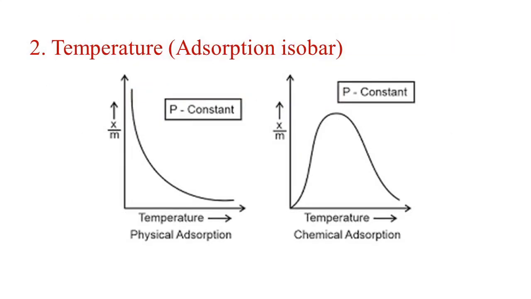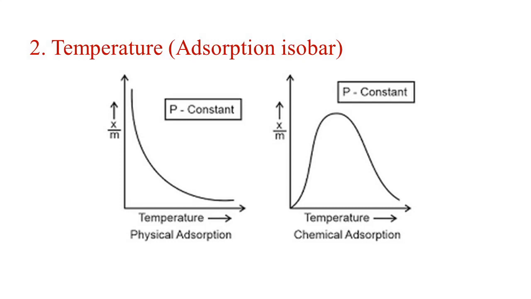The second factor influencing the extent of adsorption is temperature. Now, what is the effect of temperature? The first figure represents physical adsorption. In the case of physical adsorption, extent of adsorption decreases with the increase in temperature.